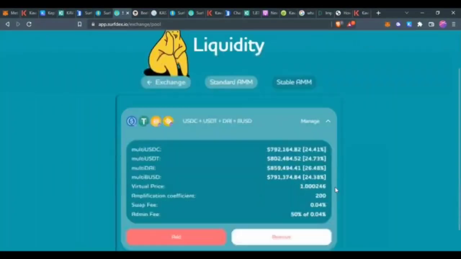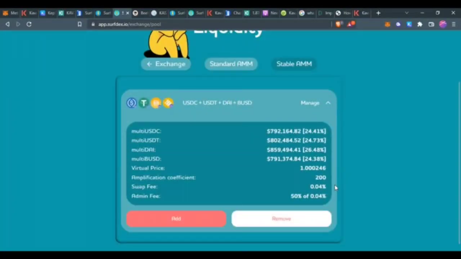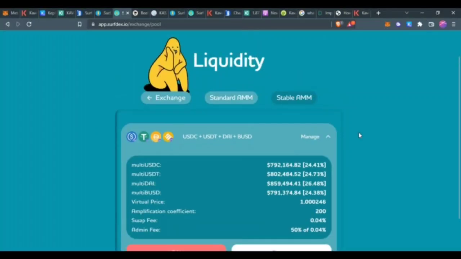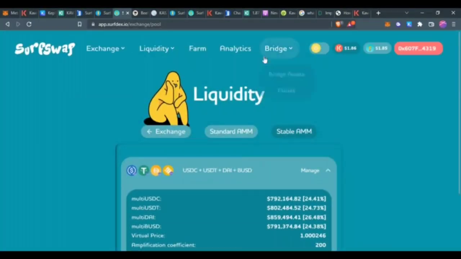Stable AMM. 50% of 0.04%, not bad. Multi BUSD. Now they do have a stable USDC, USDT, DAI, and BUSD available over here, which we may go ahead and enter.